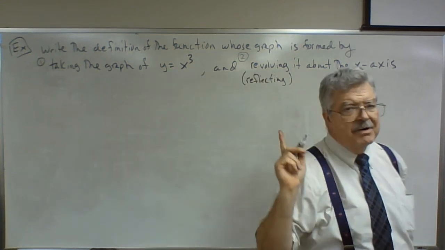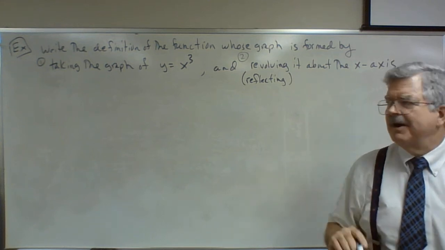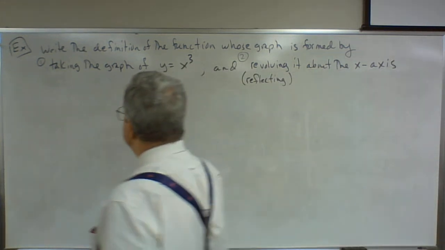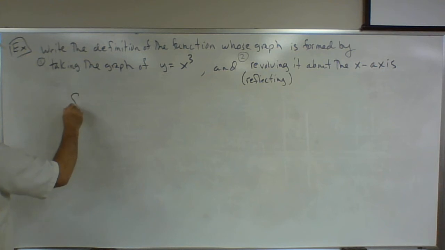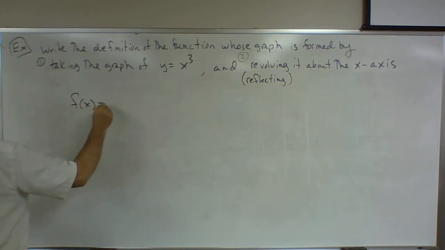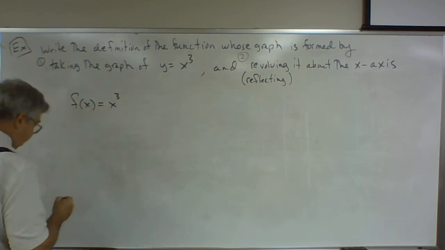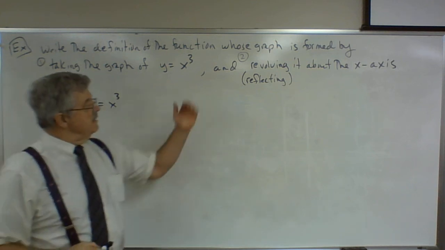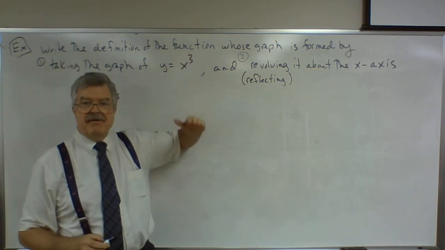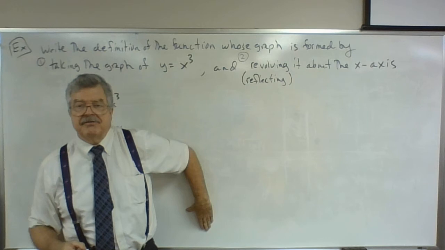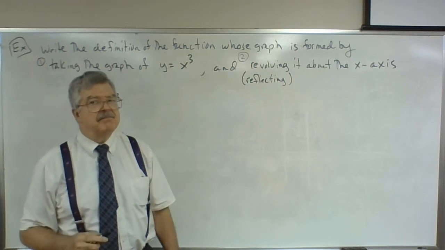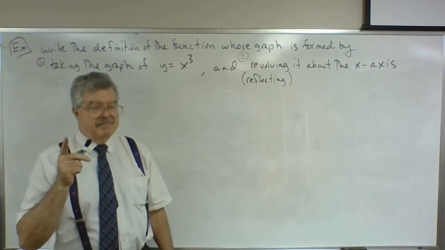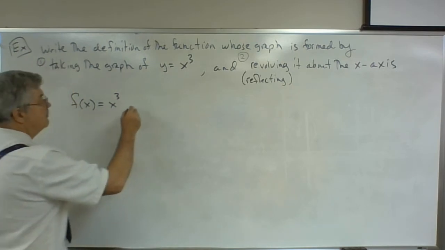When you see the word reflecting there, that's what they're talking about. So we start with our model function, f of x equals x cubed. And to take an entire graph and revolve it about the x-axis, what do we do? Multiply it by -1.